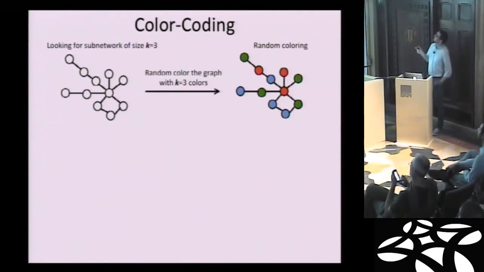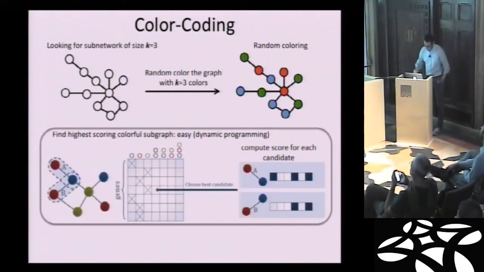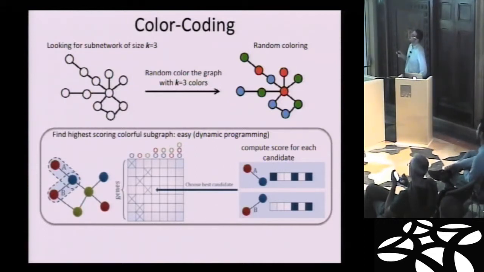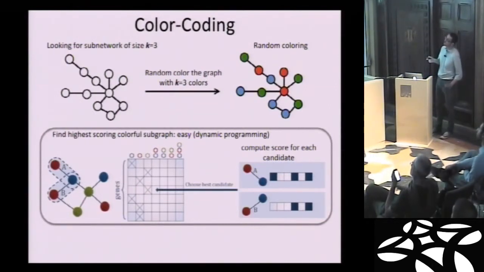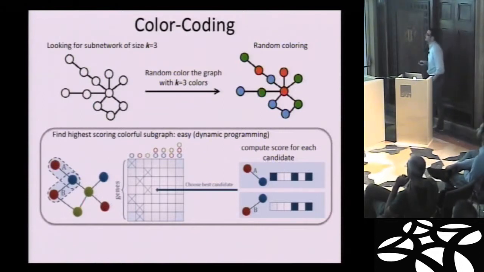The reason we do this is that we can now efficiently identify the highest scoring colorful subgraph using dynamic programming. And when I say efficiently, it means efficiently when the size of the subnetwork that you are looking for is not too large, in particular at most logarithmic in the size of the graph.